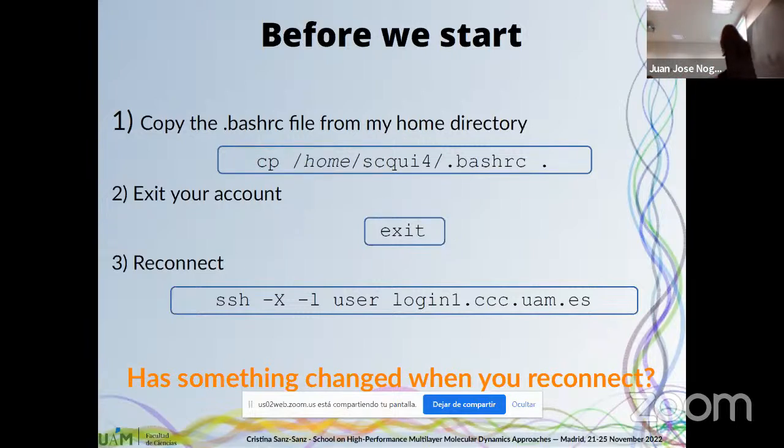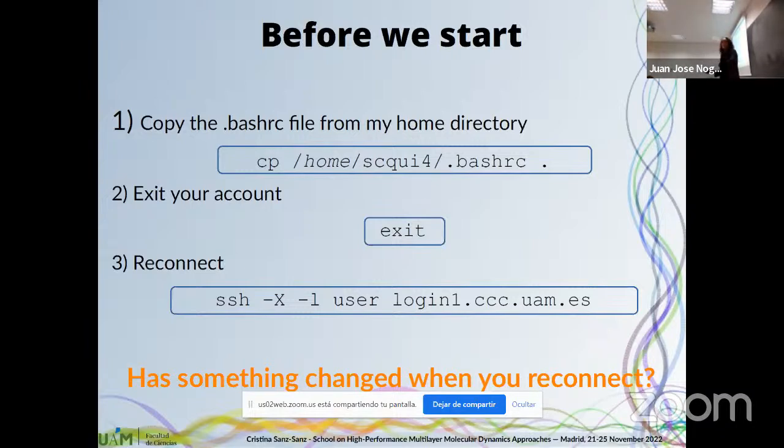This file that is in my account. I am SCQUI4. So I want you to please copy the bashrc file into your home directory. So just follow that.